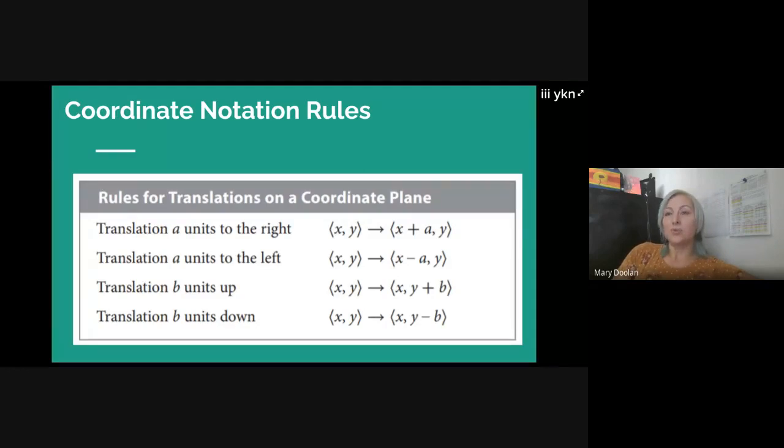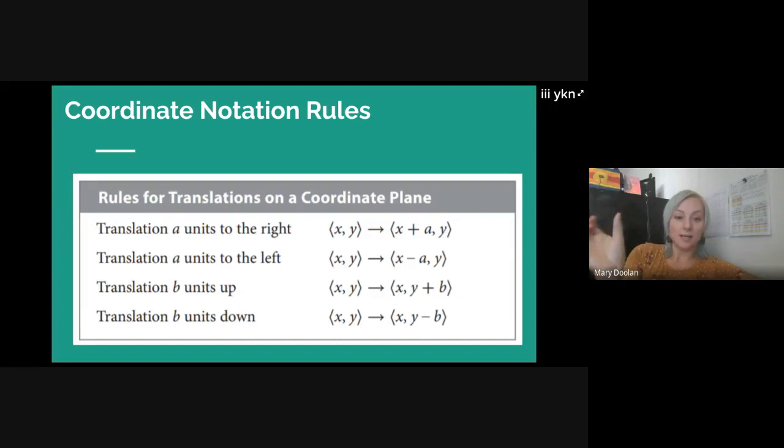These are the rules for translation on a coordinate plane. If you were translating a single point, a point x comma y, and you move that point to the right, you're actually changing the x coordinate, and the way that gets represented is you're adding that much to the x.